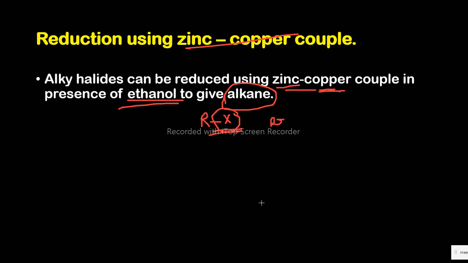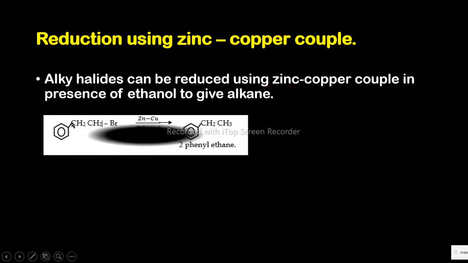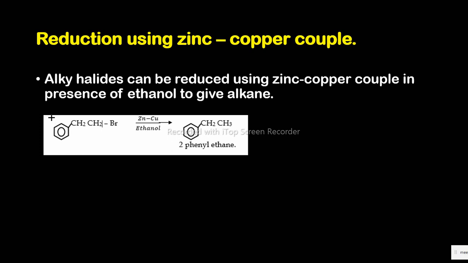So this reaction is also equally important. When you're given such a compound, we don't mind about the ring, and you shall study benzene and you shall see. We don't mind about the ring, but rather this aliphatic group. So this one behaves as an aliphatic organic compound, and you react it with zinc in presence of copper.